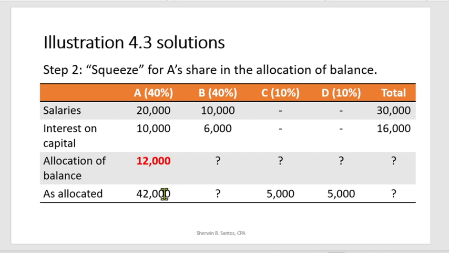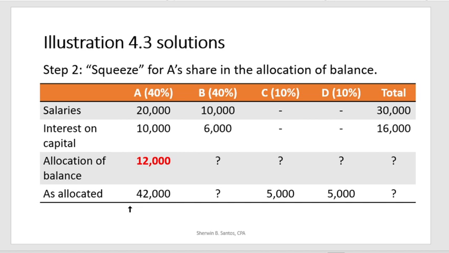Since 42,000 ang gusto niyang allocation sa kanya, minus mo lang 42 minus 10 minus 20, the 12,000 ang squeeze, A's share in the allocation of balance. So, kung magkano yung balance, dapat 12,000 share niya para maging 42 ang kanyang total allocation in the profits.